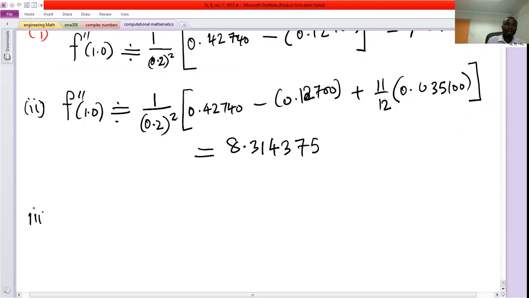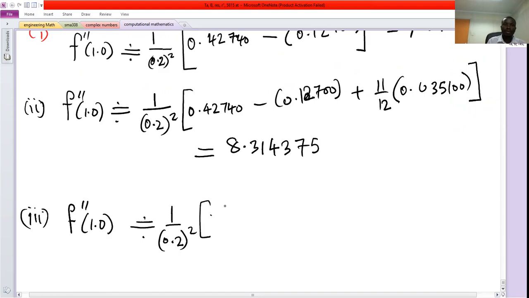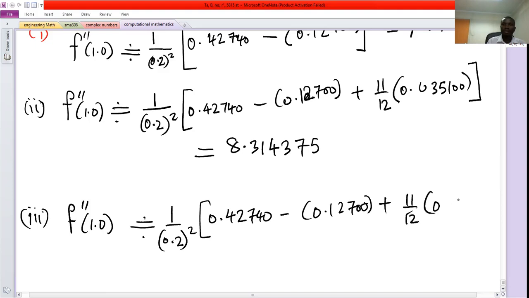Roman 3, using 4 terms. So the derivative at 1 will be approximately 1 over 0.2 squared into 0.42740 minus 0.12700 plus 11 over 12, 0.035100 minus 5 over 6 into 0.011200.